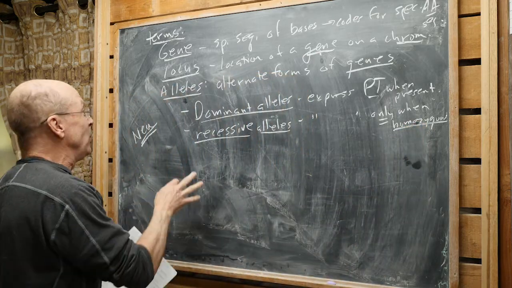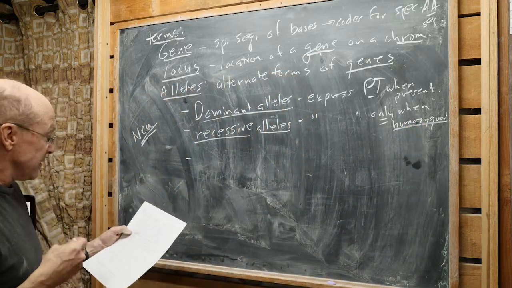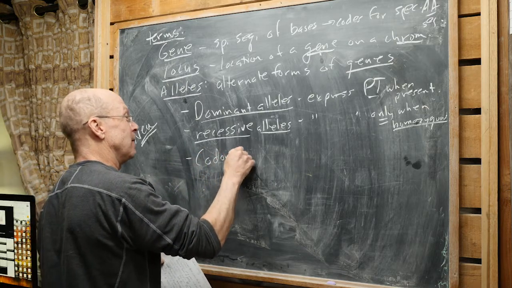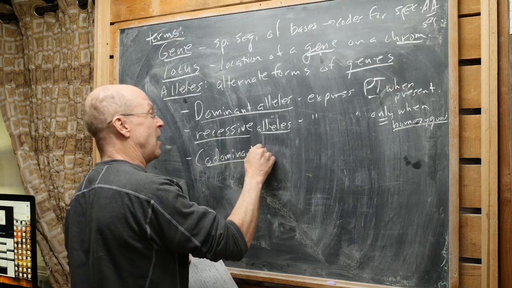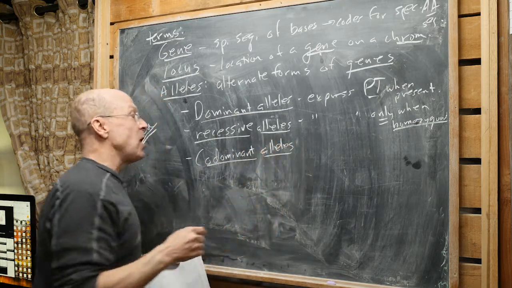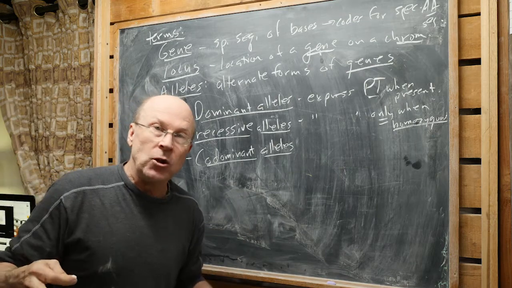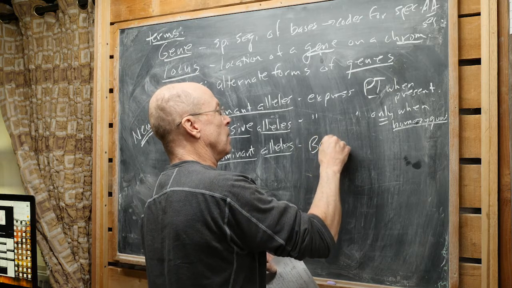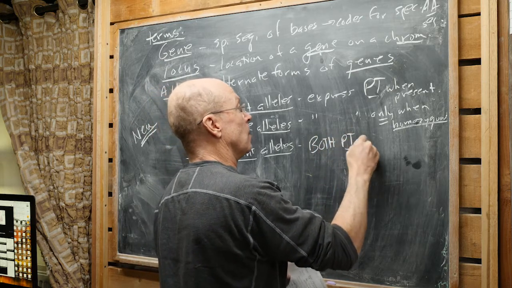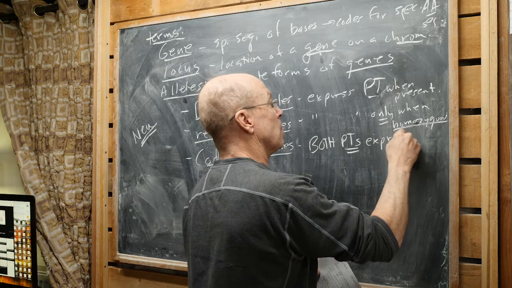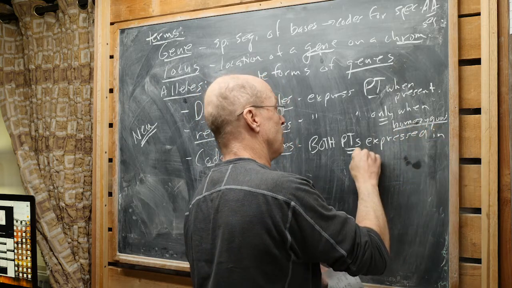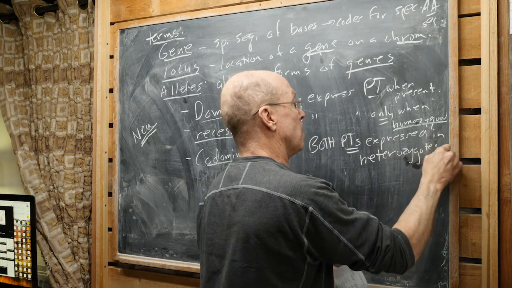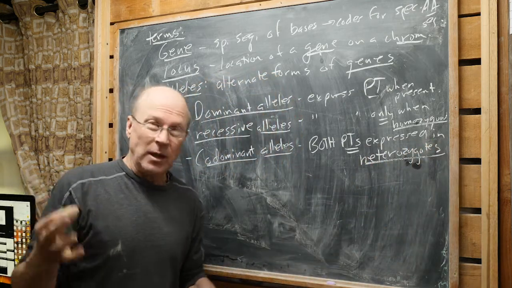Continuing down our list, some really new ones, and I'll bring these examples up in a minute. Codominant alleles. This is cool stuff. Now, with codominant alleles, both phenotypes are expressed in heterozygotes. So you're going to see examples of that in a minute.